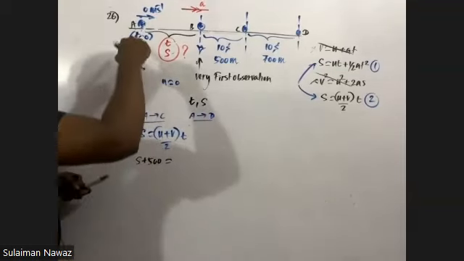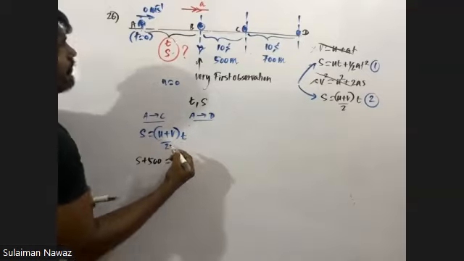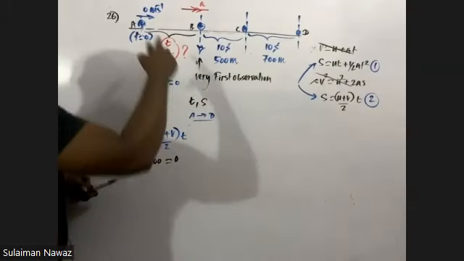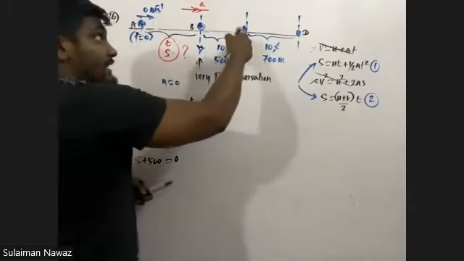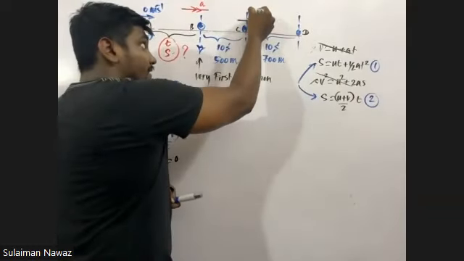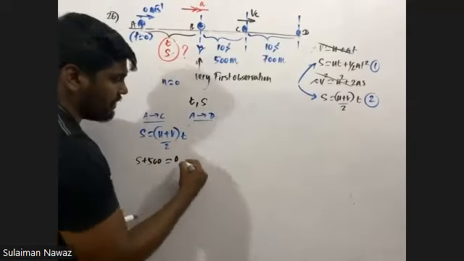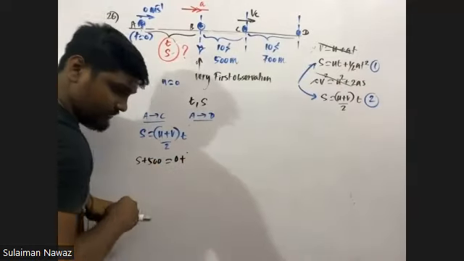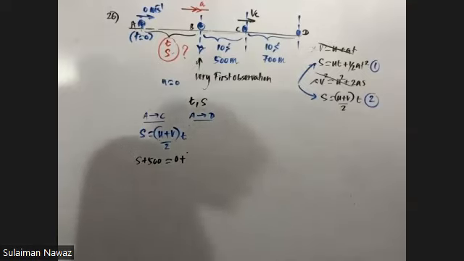What is your U? U is 0. What's my V? If I consider A to C, V means final velocity at C. I don't know this VC.